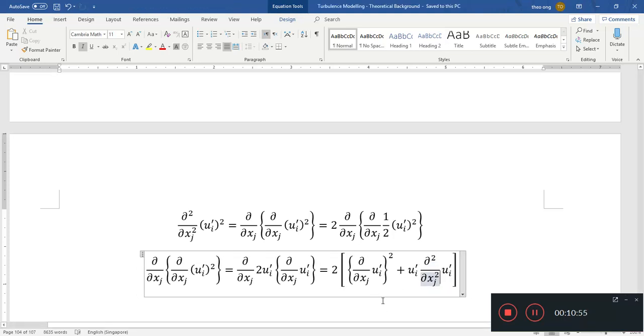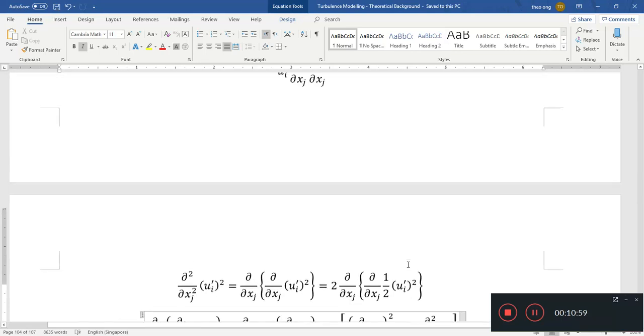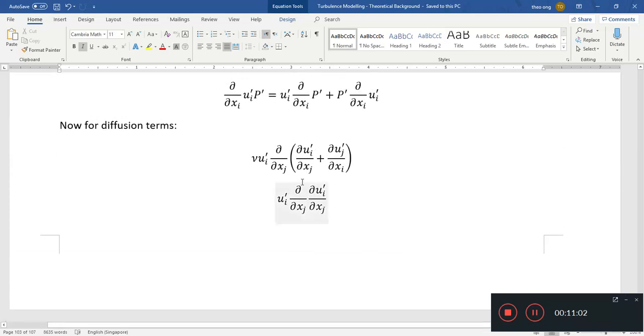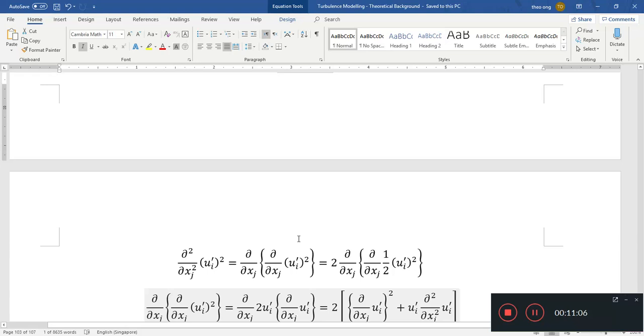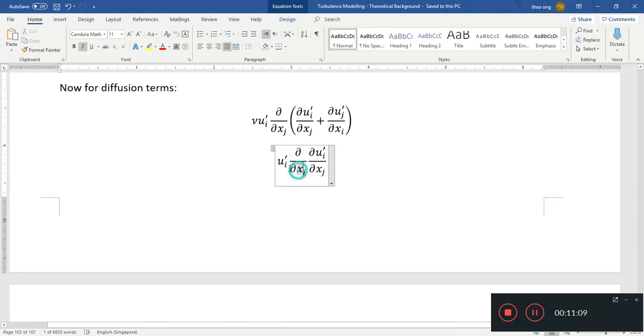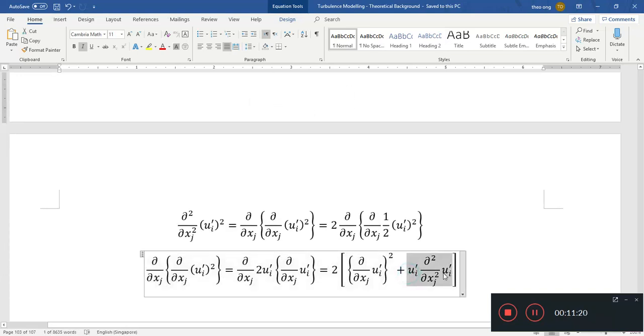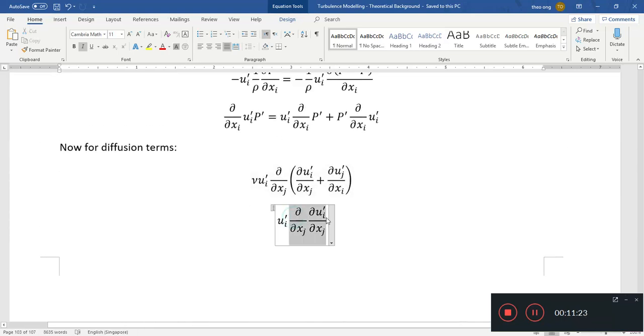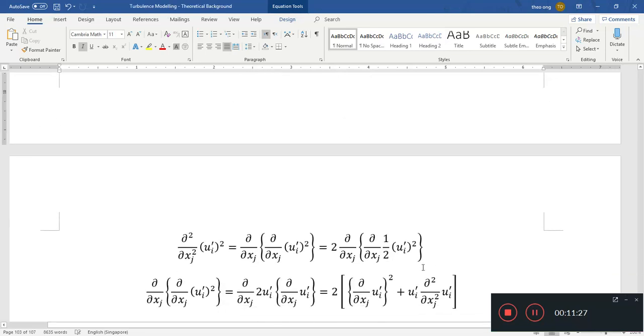Alright, so here we have the following. We have the term that we want, which is this term here, which is this term I'm highlighting, this first term. You actually will find it here because this is a second derivative after all. So I will just make it clearer over here.